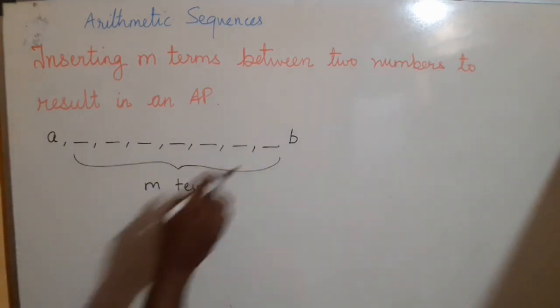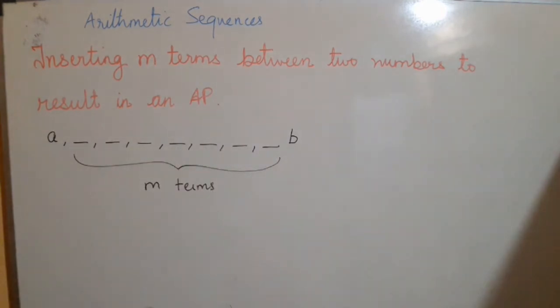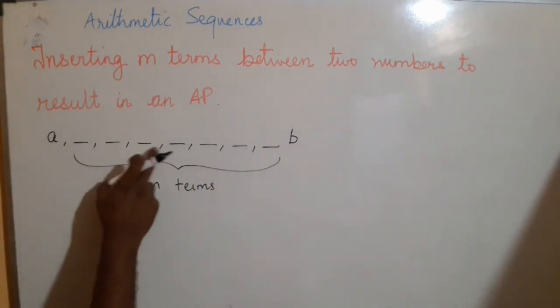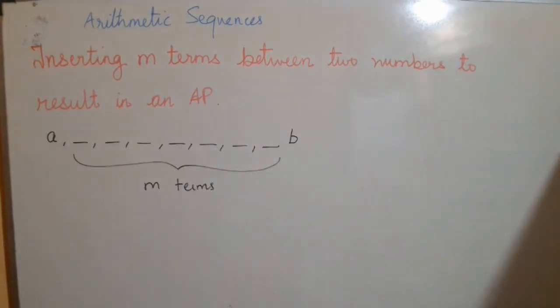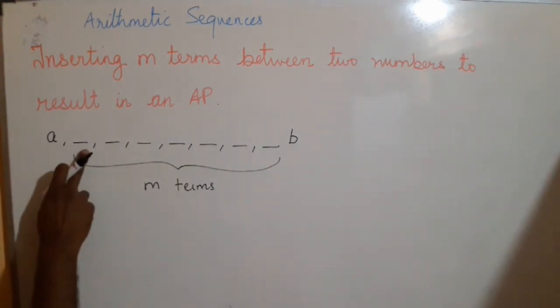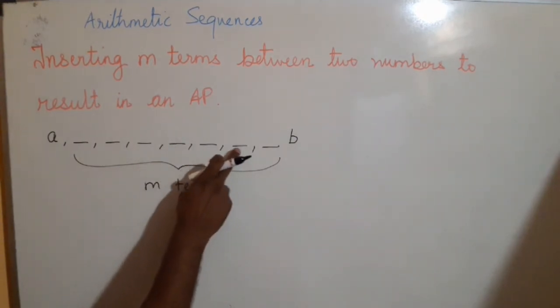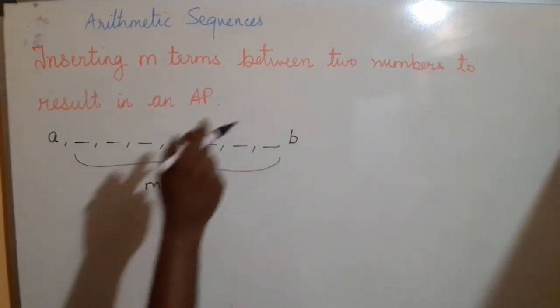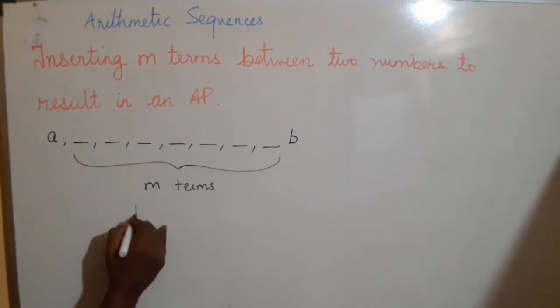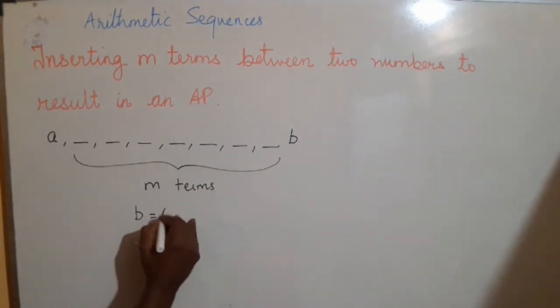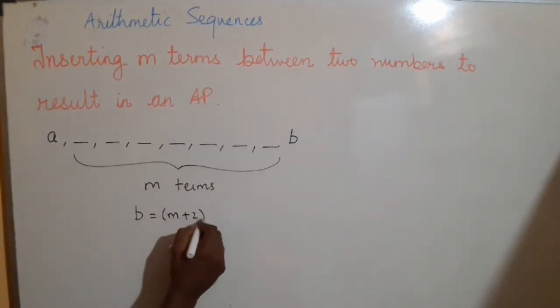When I put 7 terms between a and b, which term is b now? Check. I put 1, 2, 3, 4, 5, 6, 7. So when I put 7 terms between a and b, this is the first term, second term, third term, fourth term, fifth term, sixth term, seventh term, eighth term and ninth term. Generally, b, the last number, becomes the m plus 2th term.